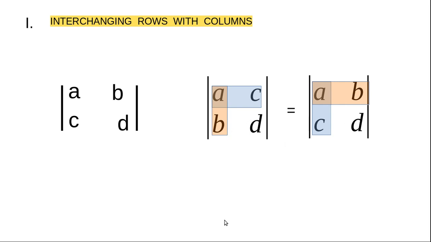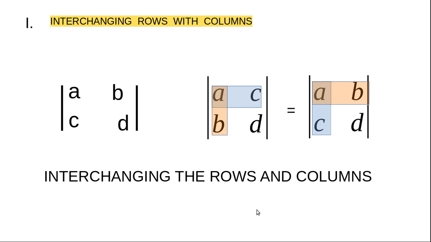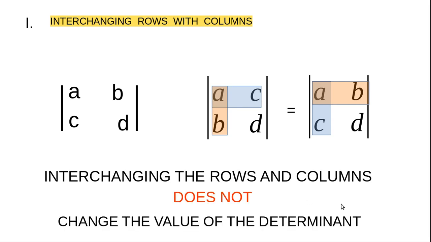So we may conclude about this property, thus interchanging the rows and columns doesn't change the value of the determinant. Though we have changed the rows into the columns, the value is equal, and this property holds for any order determinant, be it the third order determinant or fourth order determinant, any order determinant.